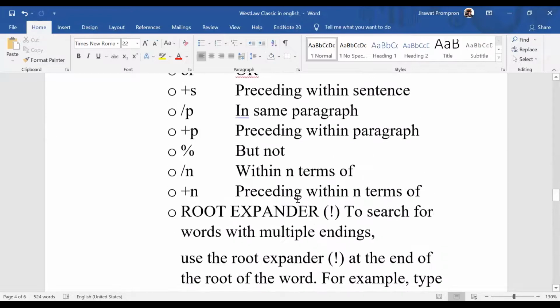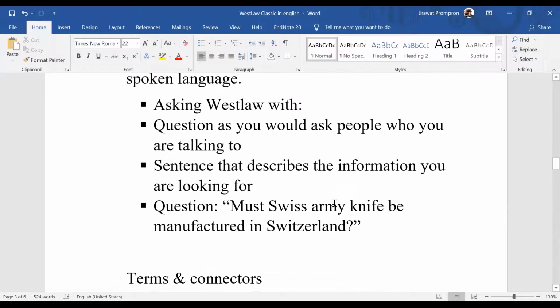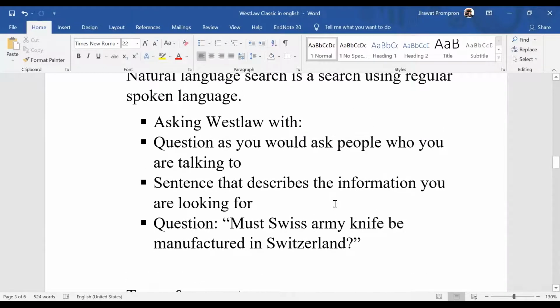So let's start with the natural language search. I just told you earlier, I cannot decide which concepts are covered, I mean, the GI. GI means Geographical Indication concept.